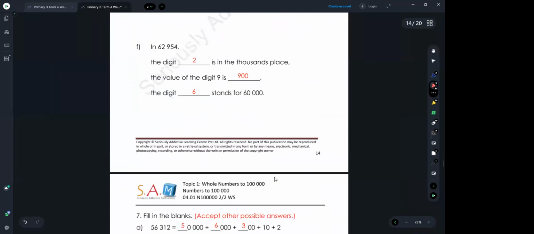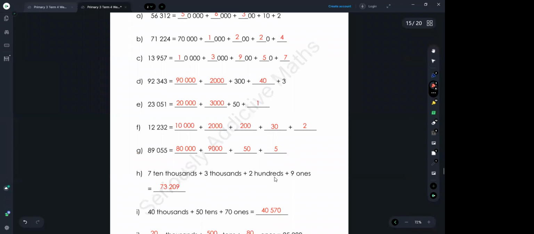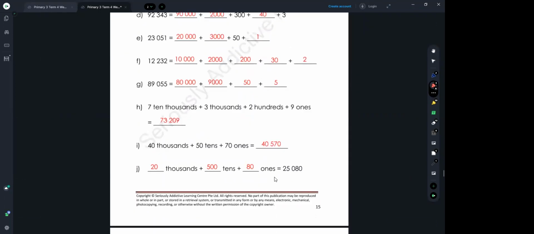The rest of the questions are fairly repetitive, so I wouldn't spend too much time on them. Perhaps get them to try I and J. As you can see, again, the missing hundreds here. They have a few ways they can do it.